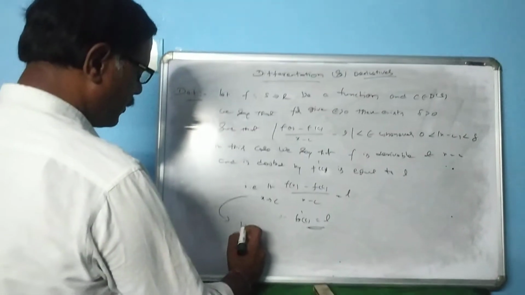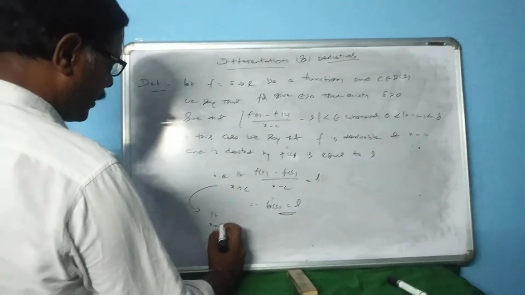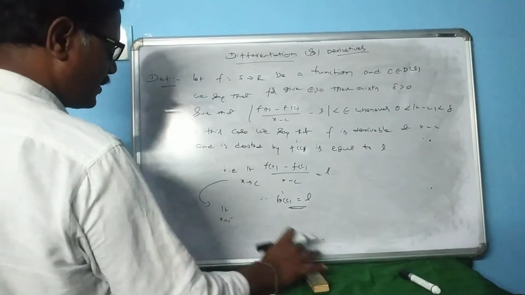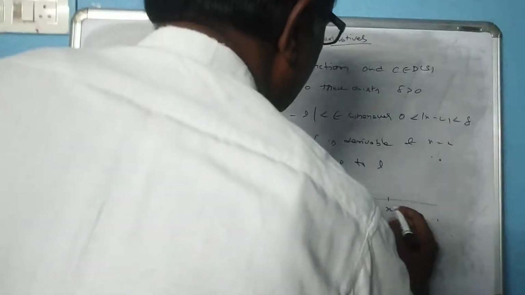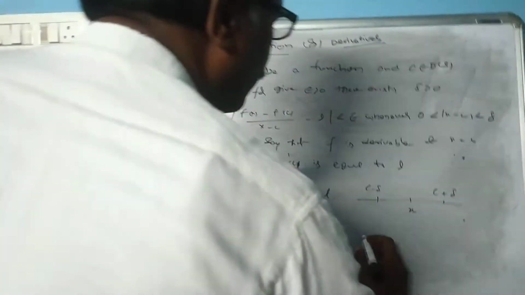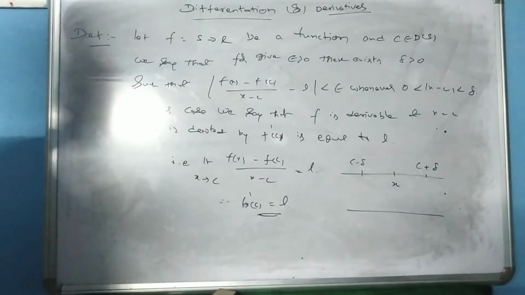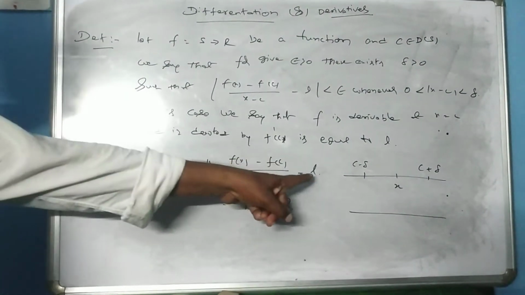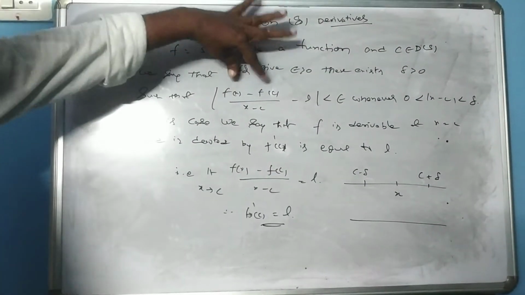If the limit as x tends to c, that means x is in the neighborhood of c, and the limit of f(x) is equal to L. This is the point: (f(x) minus f(c))/(x minus c) lies between L minus epsilon and L plus epsilon.